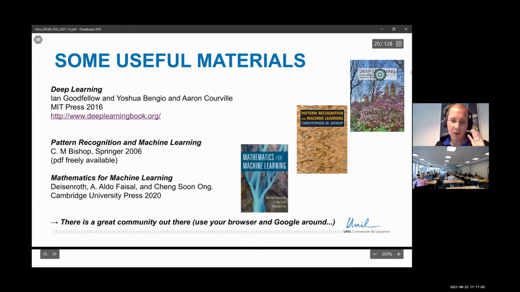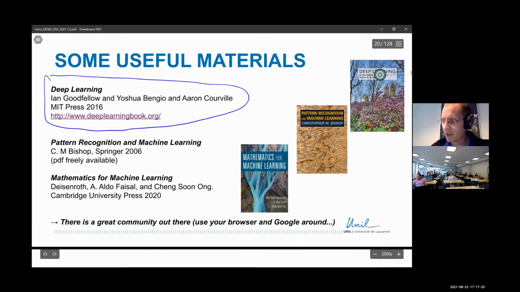Now, since I covered a lot today, let me just say, for those of you who thereafter are interested in that topic, there's a lot of good and accessible literature. One of my favorite books that I also use for my courses is Deep Learning by Goodfellow, Bengio, and Courville.